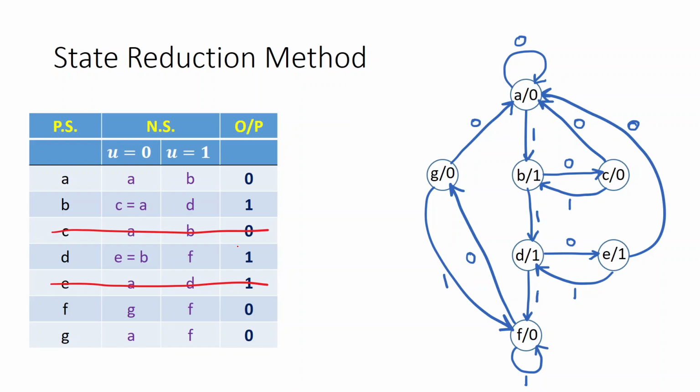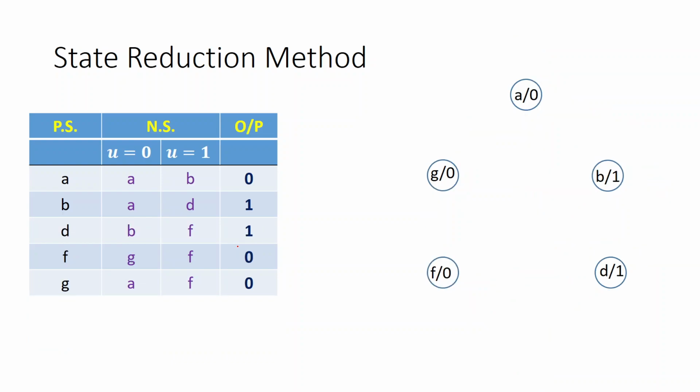So this is C, and C is replaced with A, E is replaced with B. So this is the state table now, and then we can reduce it. So the states C and E have vanished. So A, B, D, F, G. So there are 5 states again. Now you can rename the states also. That is not a big deal.